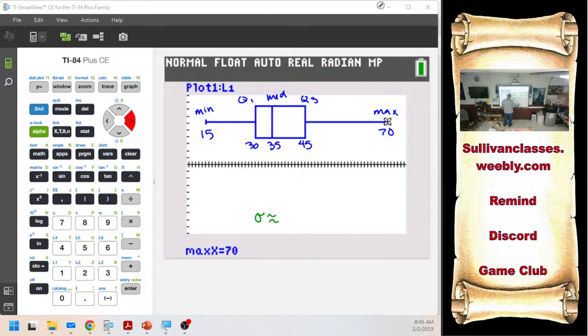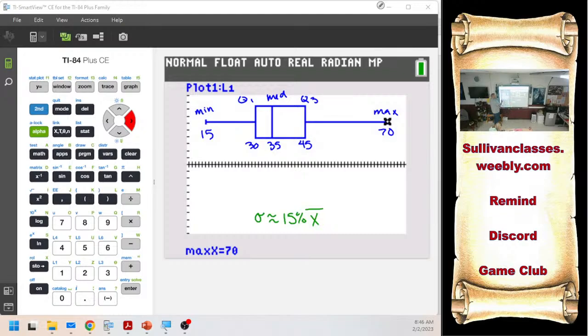That's considered normal. If I get something like 10% of the mean, I'd consider it relatively consistent. If I get something like 5% of the mean, that is very, very consistent data. If I'm at like 20, 25%, that's inconsistent. If I'm at 30 plus, this data's all over the place.